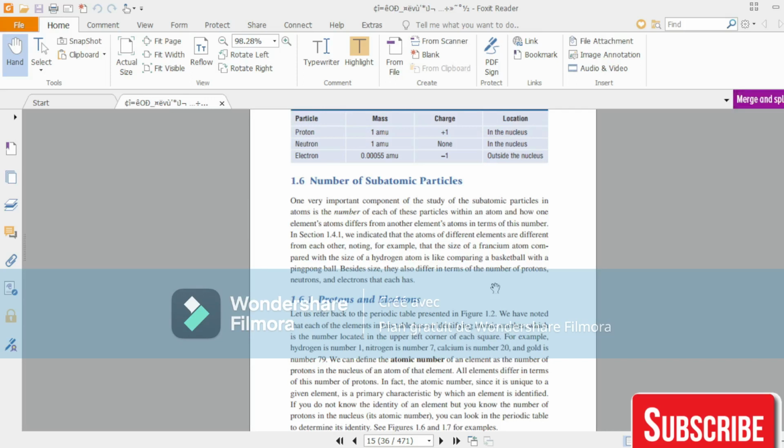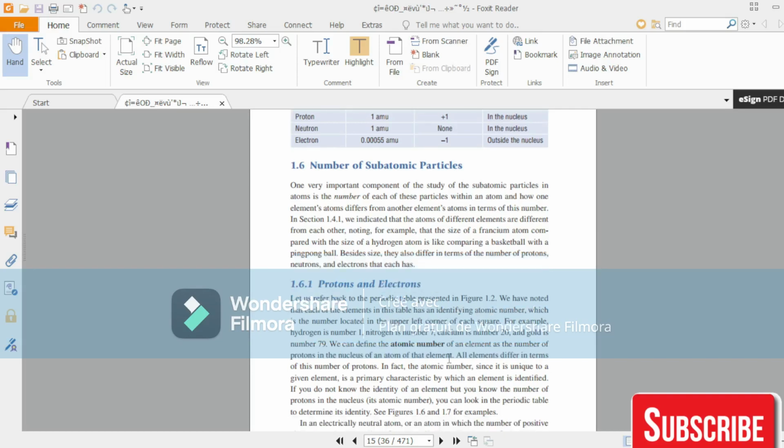In section 1.4.1, we indicated that the atoms of different elements are different from each other, noting, for example, that the size of a francium atom compared with the size of a hydrogen atom is like comparing a basketball with a ping pong ball. Besides size, they also differ in terms of the number of protons, neutrons, and electrons that each has.